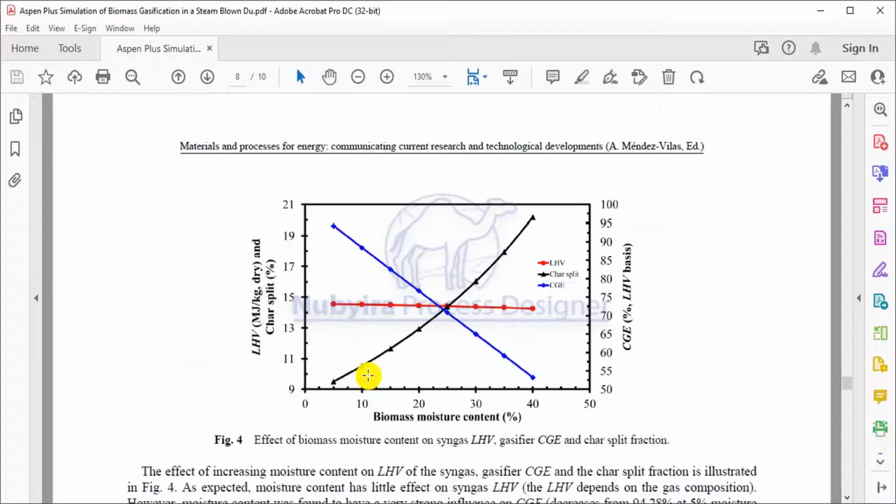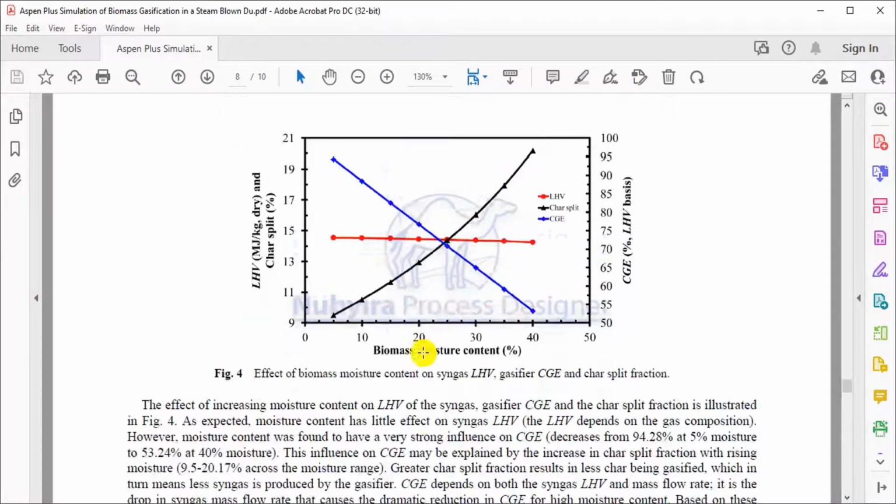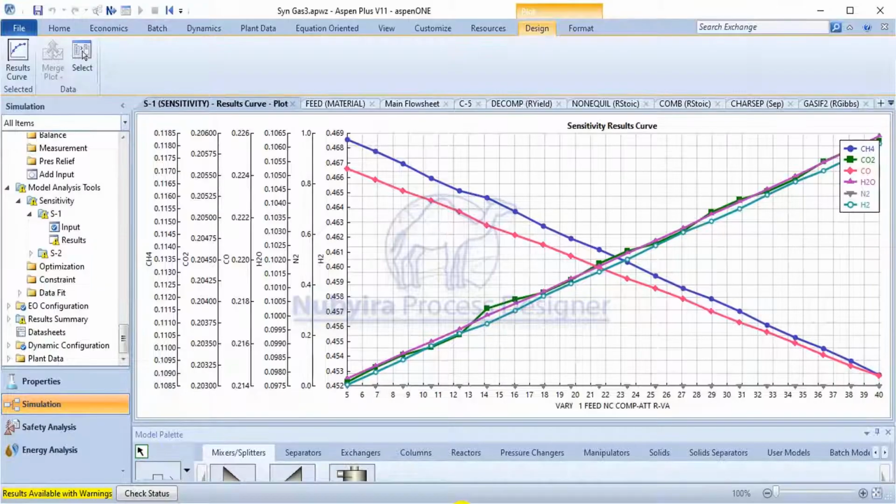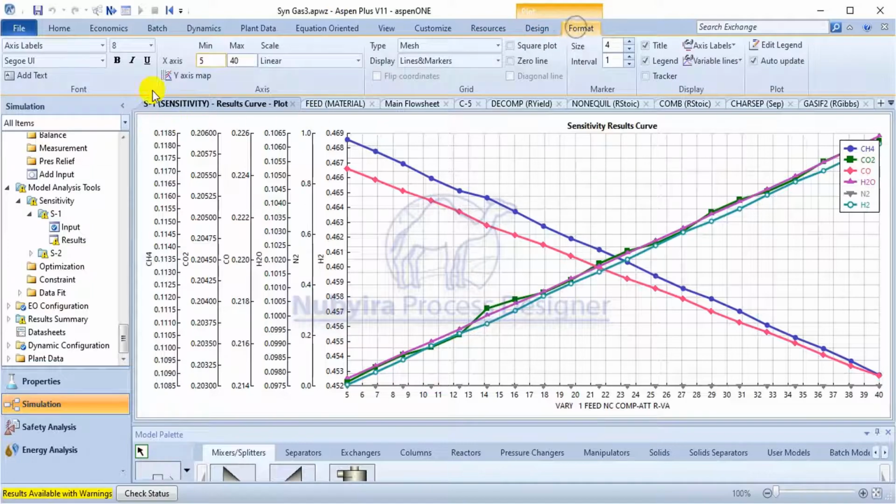Go to the result for the biomass moisture content. I think they didn't do the first one because they said the biomass moisture content has little effect on the composition, and we see it clearly now.